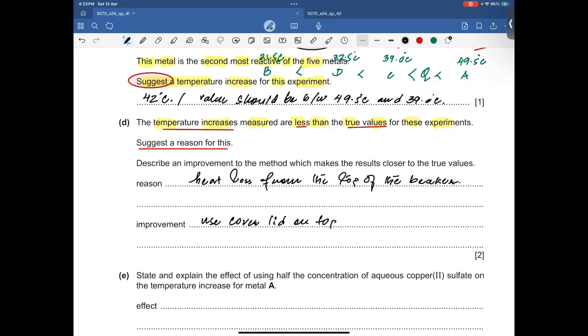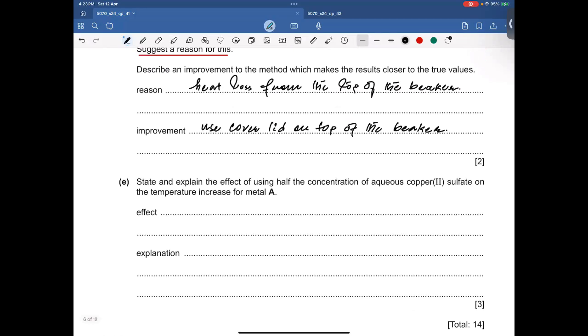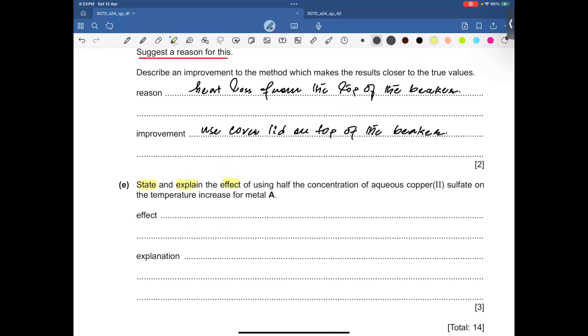On top of the beaker. State and explain the effect of using half the concentration of aqueous copper sulfate. If concentration is halved, the amount of copper ions would also halve.